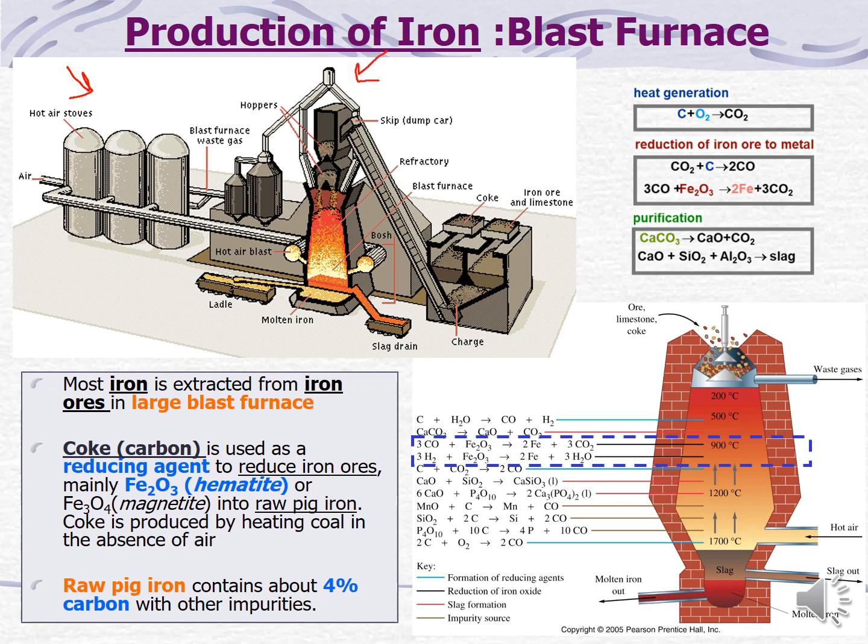A blast furnace is a type of metallurgical furnace which is used for smelting in order to produce industrial metals, for example, in order to produce pig iron.